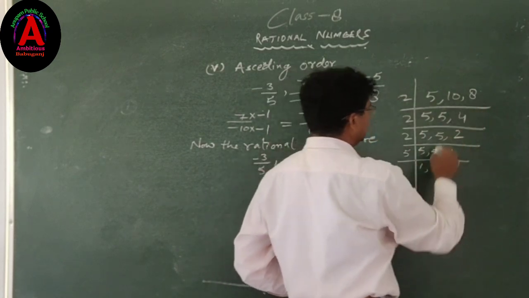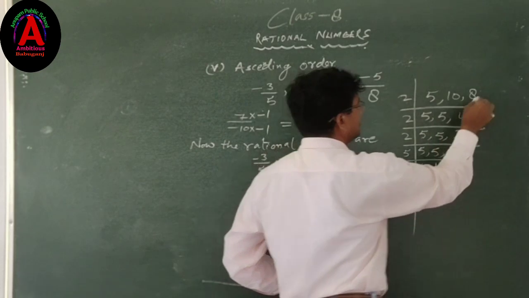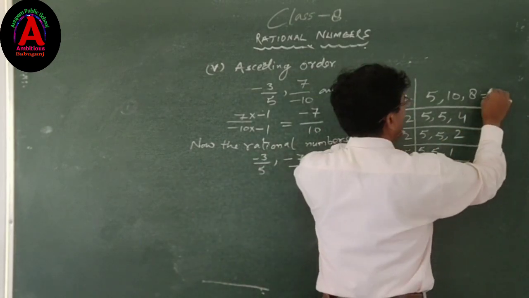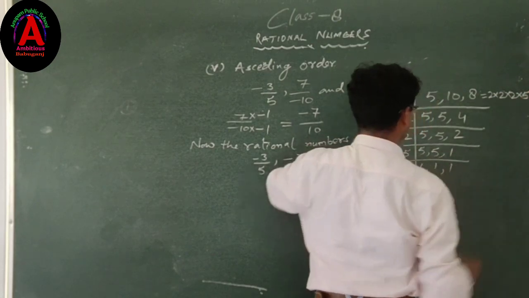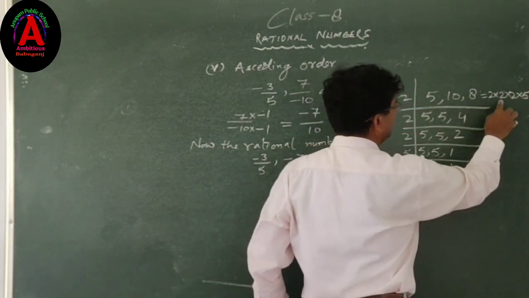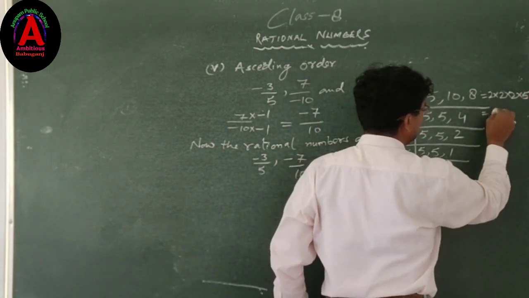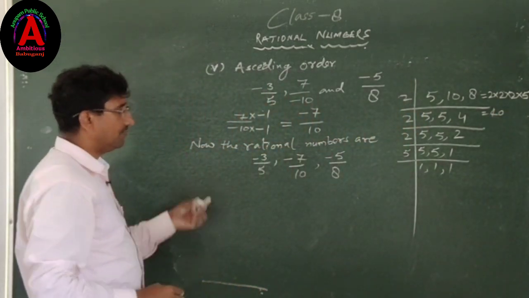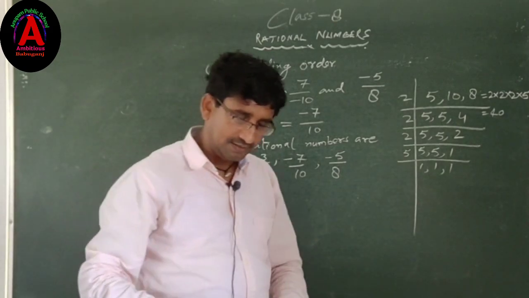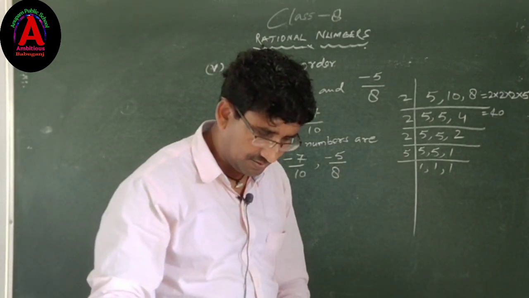That means the LCM is equal to 2 into 2 into 2 into 5. 2 fours are 8, 8 fives are 40. It means LCM is 40.